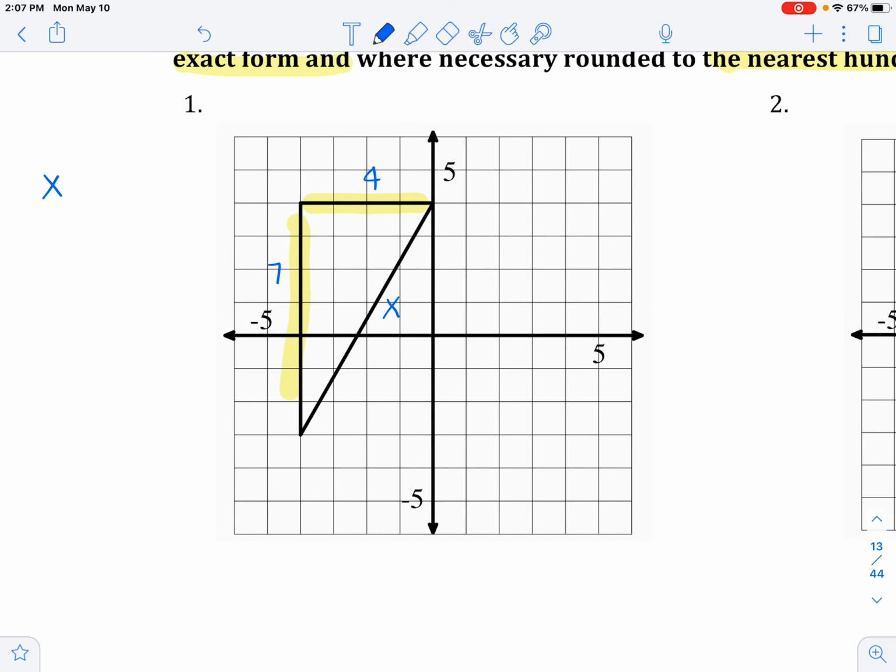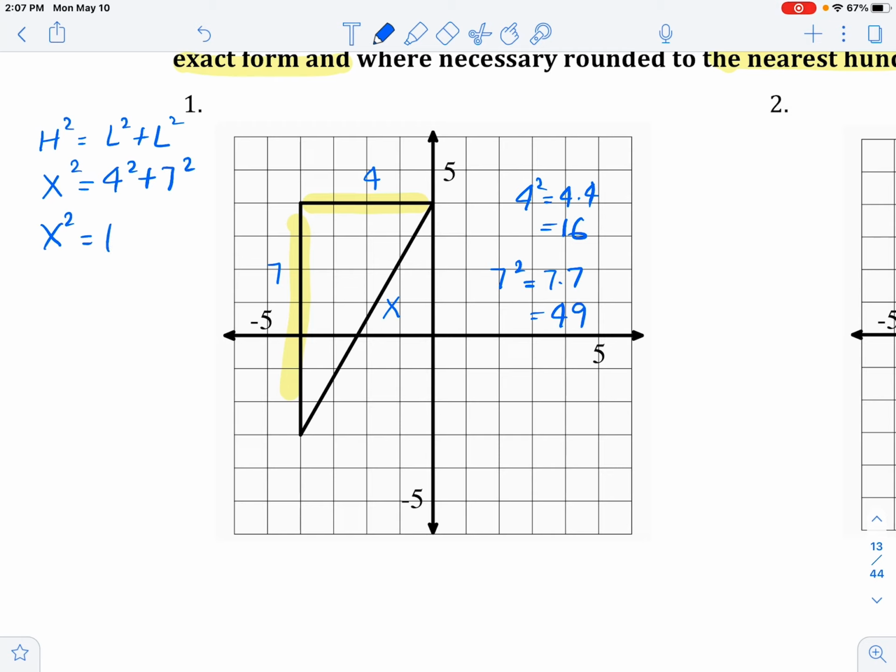So x squared is equal to leg squared plus leg squared. You have two legs, just square them and add. When I substitute, I get 4 squared plus 7 squared. 4 squared means 4 times 4, that's 16. 7 squared is 7 times 7, that's 49.